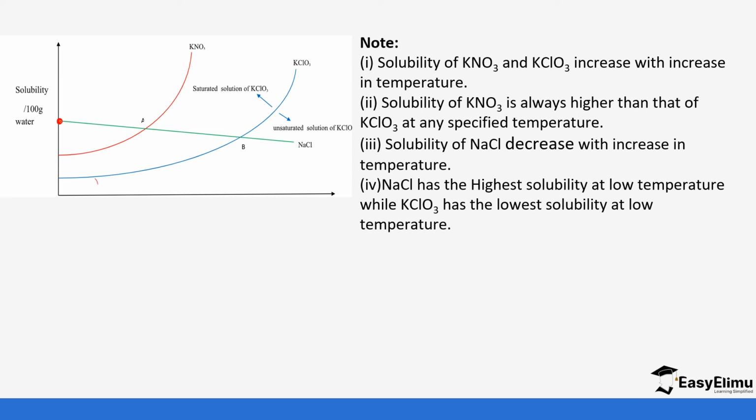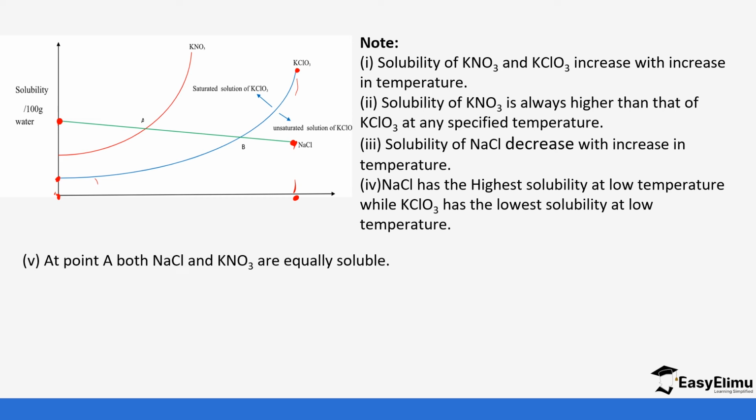You can see at 0 degrees, that's when sodium chloride dissolves the most, and you can see the solubility goes down at high temperature. Same case with potassium chlorate: you can see at high temperature, the solubility goes very high, and at the lowest temperature it has the lowest solubility.